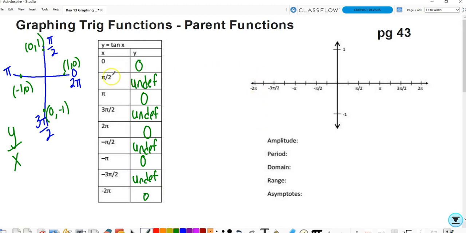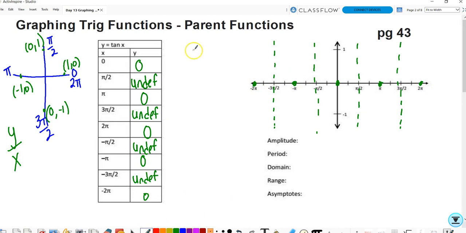So that means at every pi over 2, we have an asymptote. So draw these dashed asymptotes here. And now if I put all these other points in at 0, I really don't have enough to make the rest of the graph.